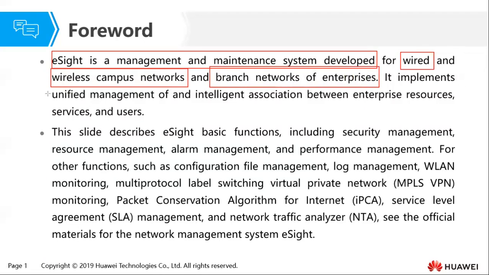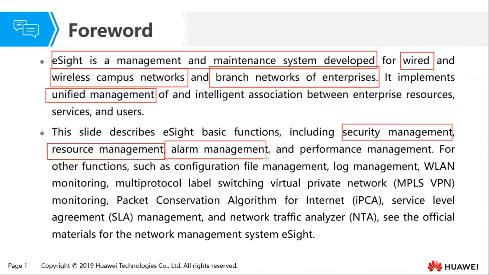It implements unified management of intelligent association between enterprise resources, services, and users. This particular topic describes eSight's basic functions, including security management, resource management, alarm management, and performance management.